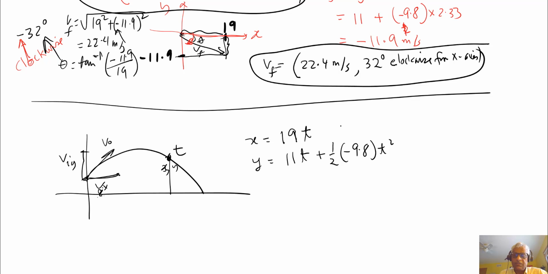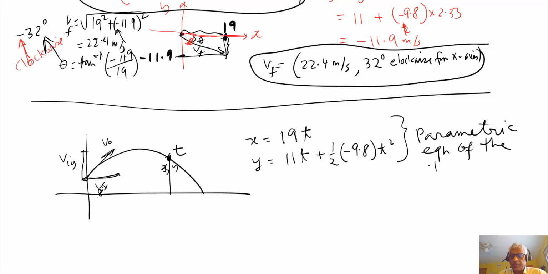So this is what we call the parametric equation of the trajectory, right? And t was between 0 and 2.33 seconds. So if you plot it, you get all the coordinates of the trajectory.